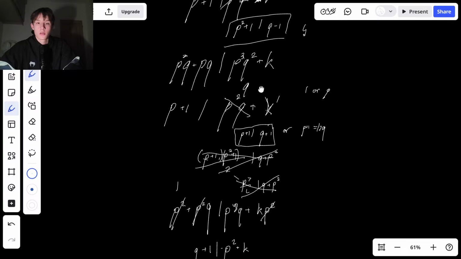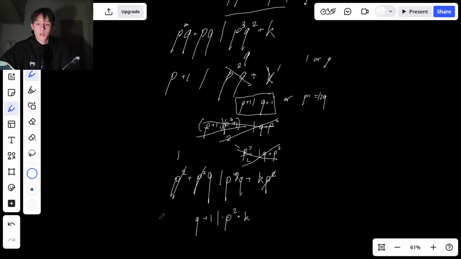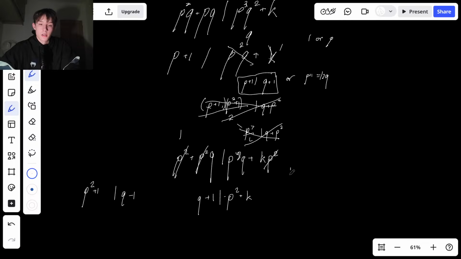Because we have q minus 1 being divisible by p squared plus 1, and q plus 1 being divisible by k minus p squared, where k is like 1 or q. And as we see from this thing here, q plus 1 can't divide p squared plus 1 because of inequalities.